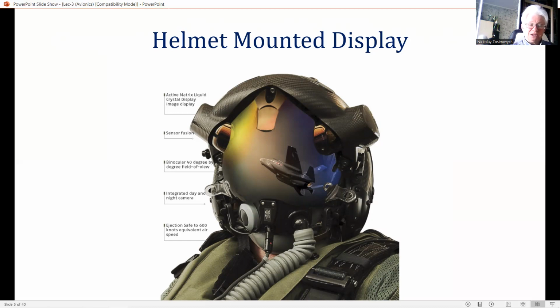An addressable LED matrix array is generally used as the display source, enabling a very lightweight and compact HMD to be achieved. The helmet-mounted sight enables targets to be attacked at large or broadside angles, as will be explained.